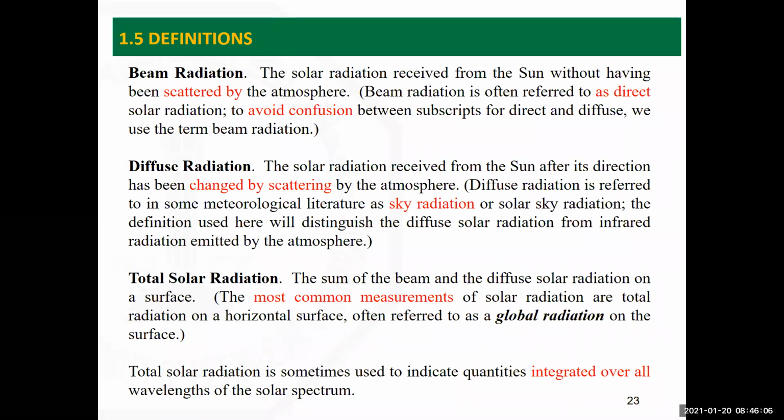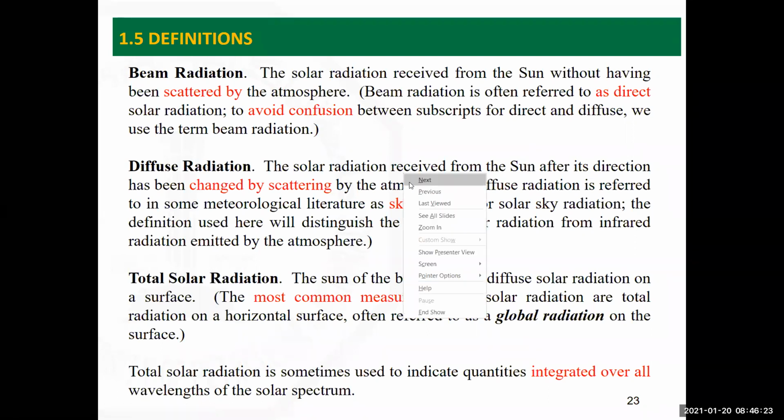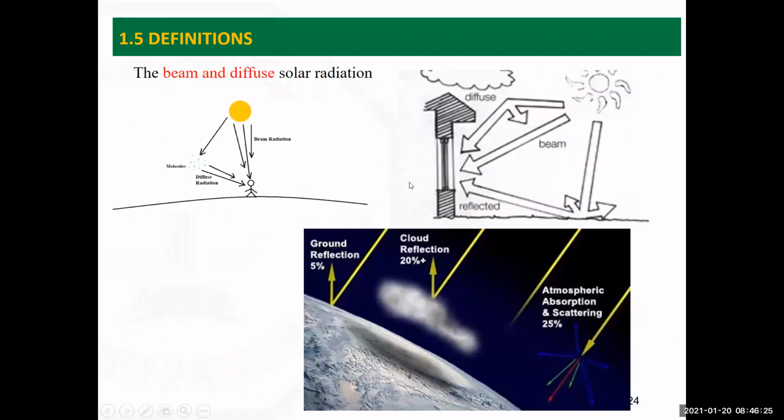So part of the solar energy is coming directly from the sun, and part of it is reflected from either clouds or suspended material. So the summation of them gives the total, or what we call the global radiation.